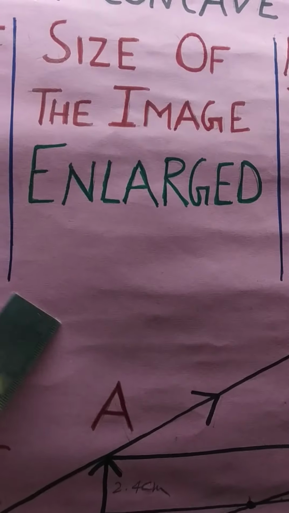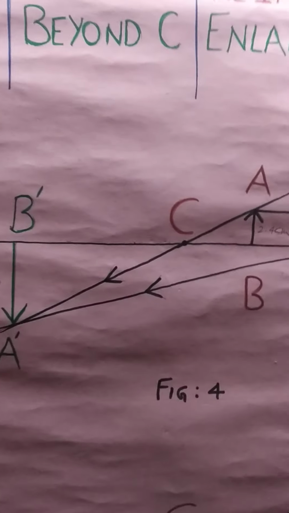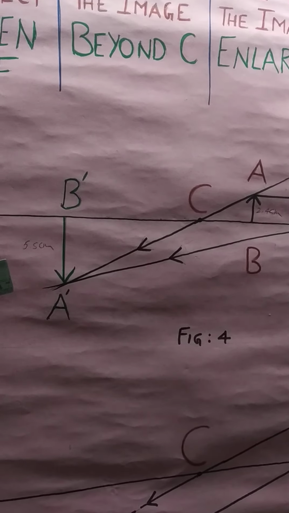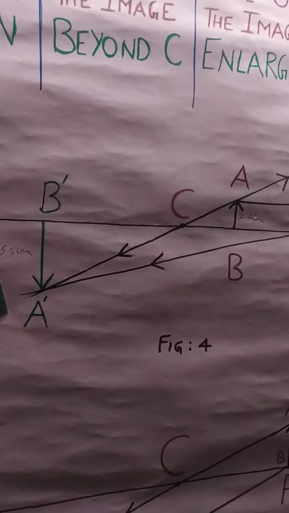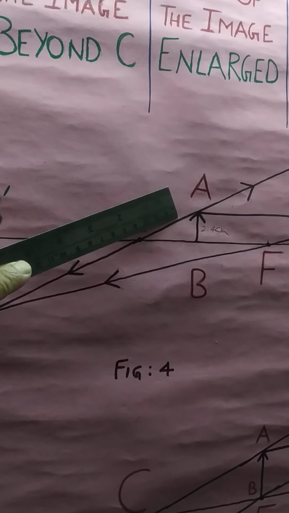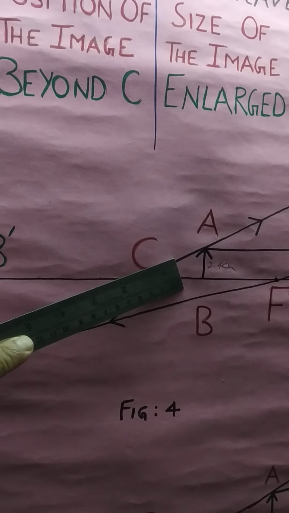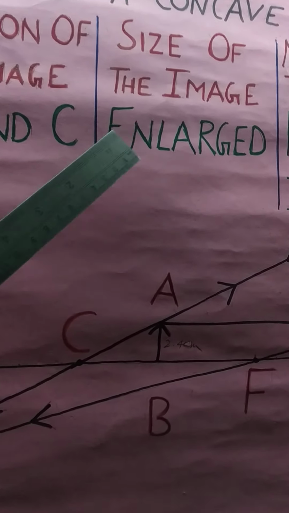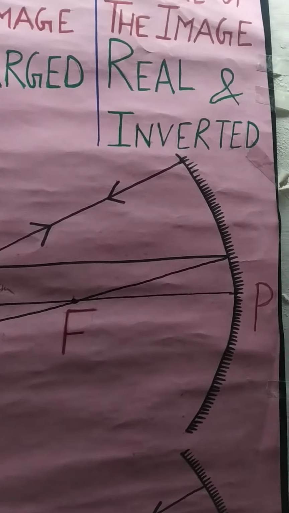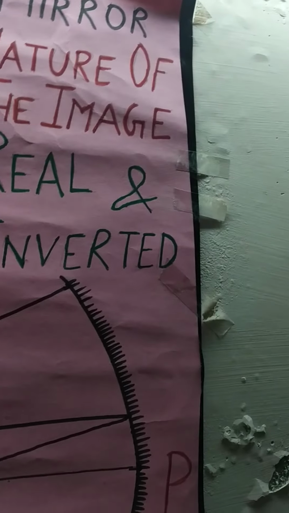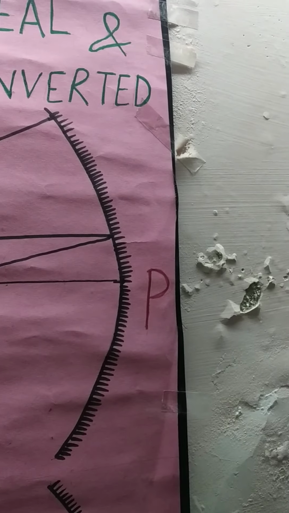Size of image: by observation you can see that the size of image B dash A dash is larger than the size of the object AB. So size of image is enlarged. Nature of the image: real and inverted.